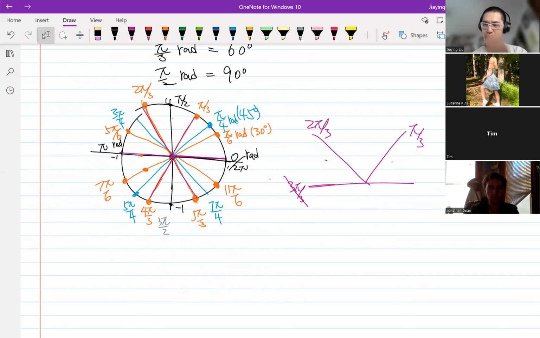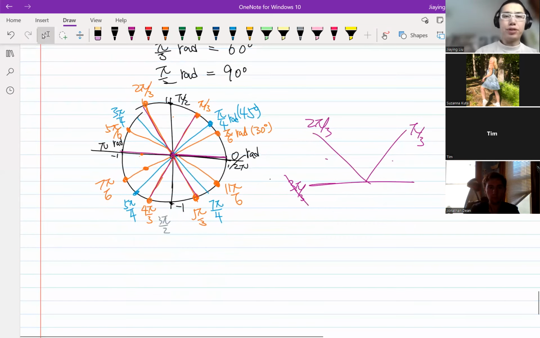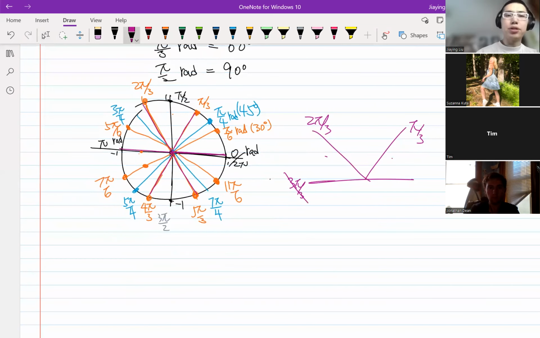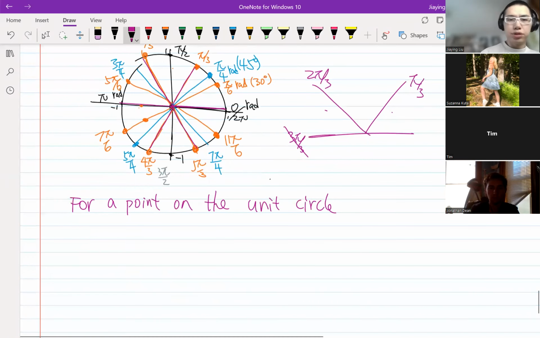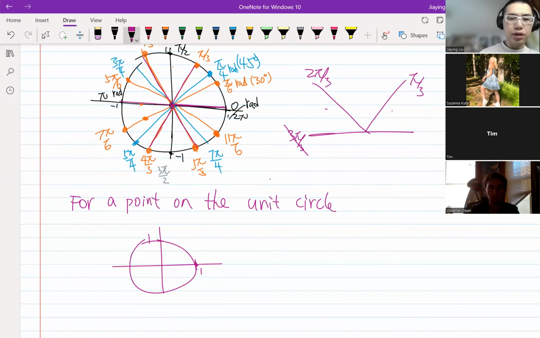And there's a very important thing to note about points on the unit circle, just like the one we drew earlier with this angle. So suppose we just have a random point on the unit circle. I don't have to land on the convenient angles we had.